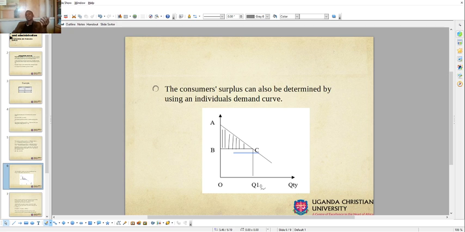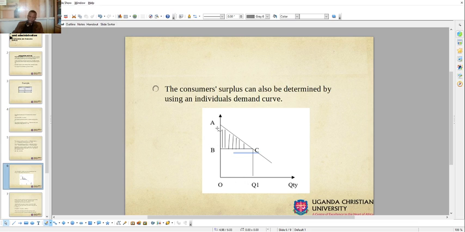And the cost, the person will calculate, is 0BCQ1. The satisfaction is this bigger area, 0ACQ1, and then the cost is 0BCQ1. So the difference between 0ACQ1 and 0BCQ1 is our consumer surplus.